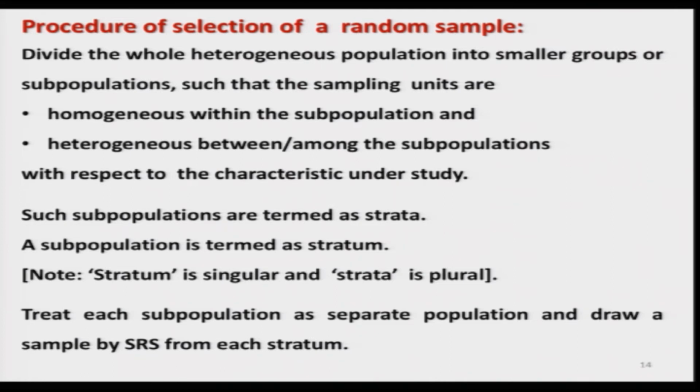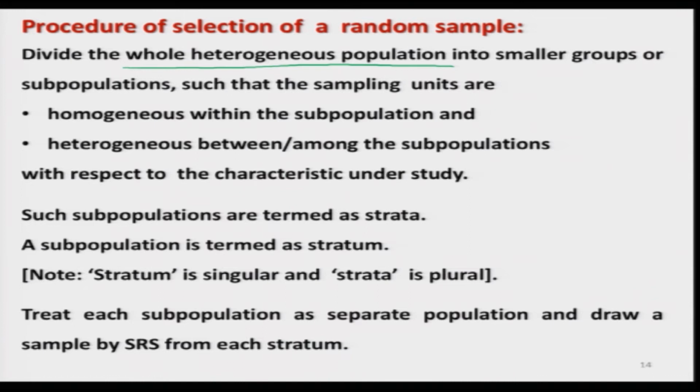The first step is that you have to divide the entire population into smaller groups. And we are assuming that my population is heterogeneous with respect to the characteristic under study.